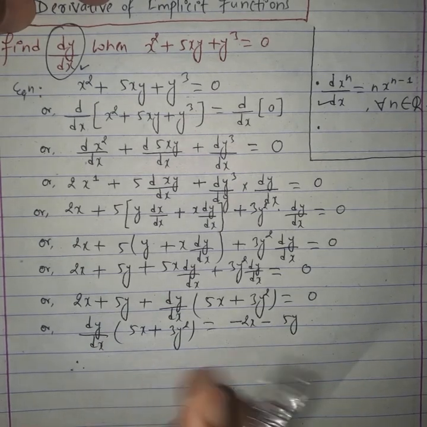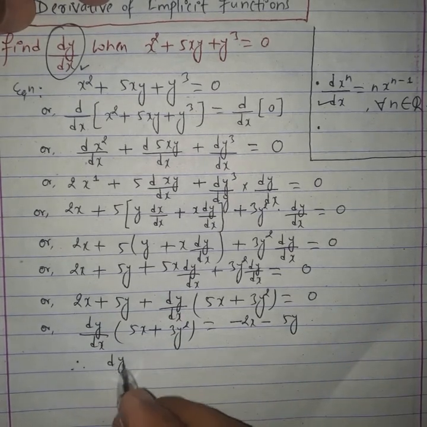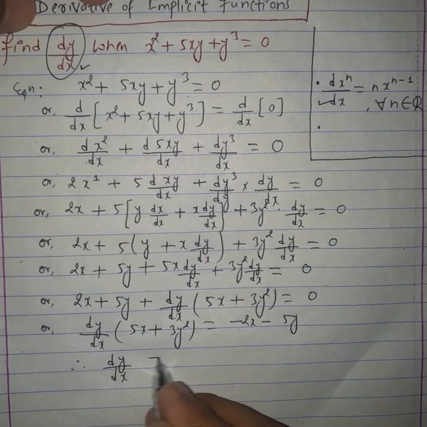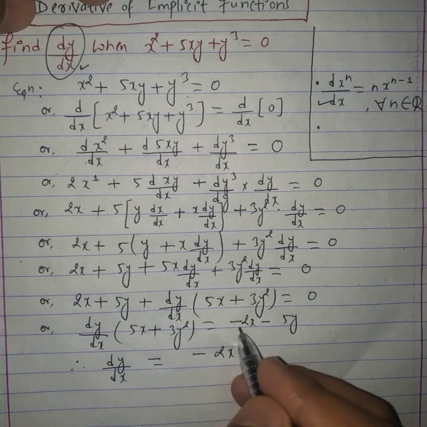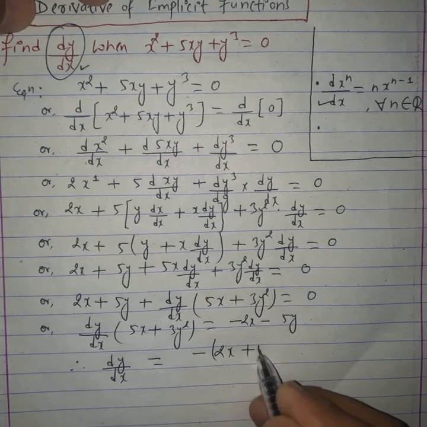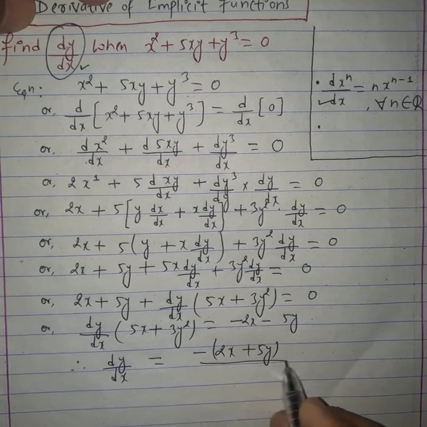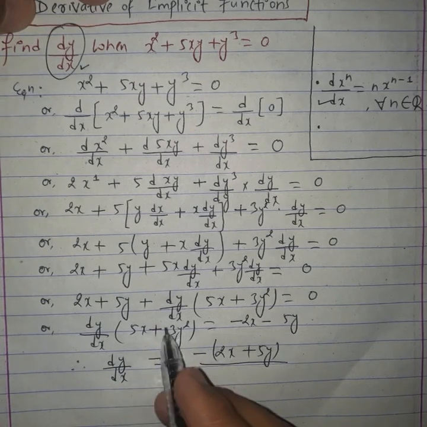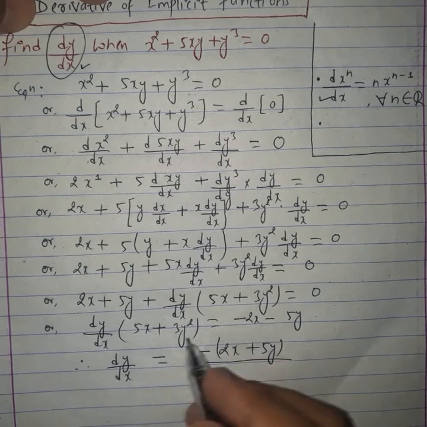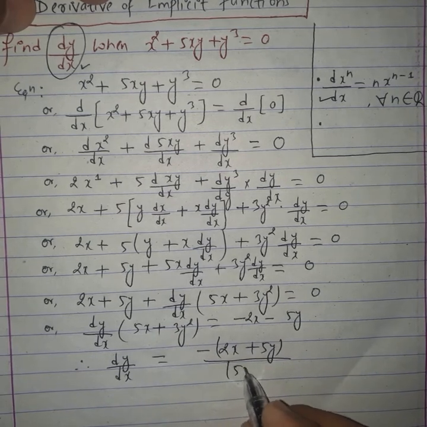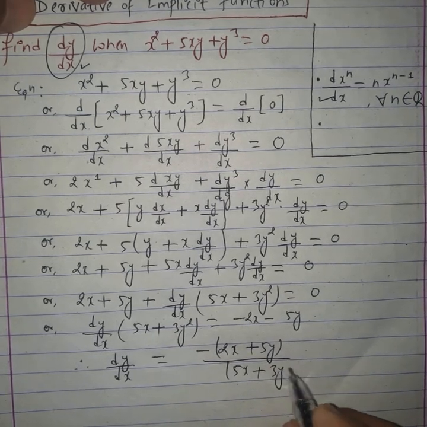Our target is to find dy over dx. So the value of dy over dx is equal to negative, let's take the negative as a common, 2x plus 5y all over this term. This term is transposed to the right hand side and becomes the divisor: 5x plus 3y square.